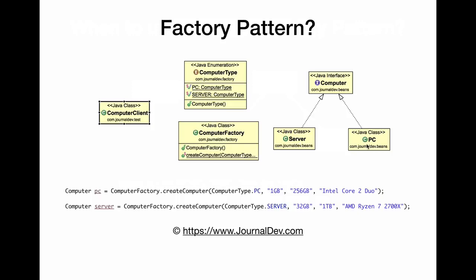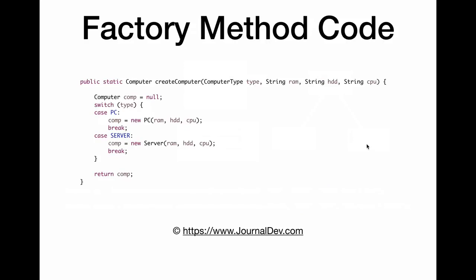Usually this createComputer method is implemented something like this, and we have a switch case statement, or it could be if else, and based on the type, the computer is instantiated as either PC or server and then returned. Now let's see what the demerit of this coding is.